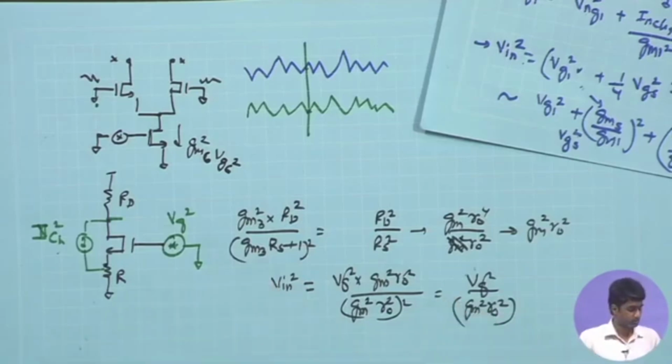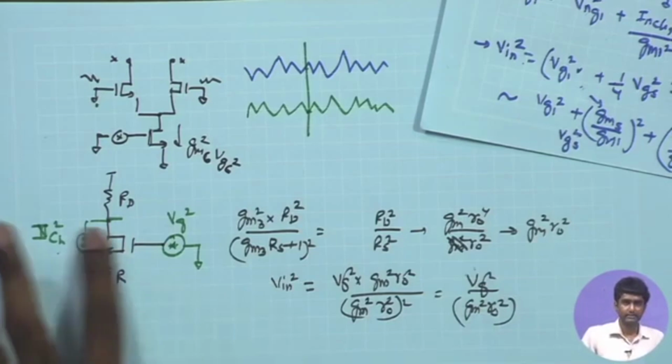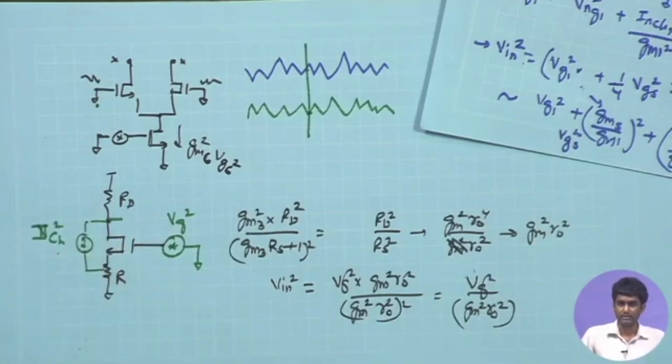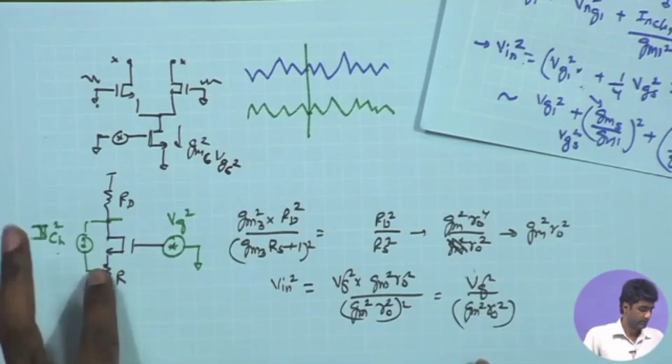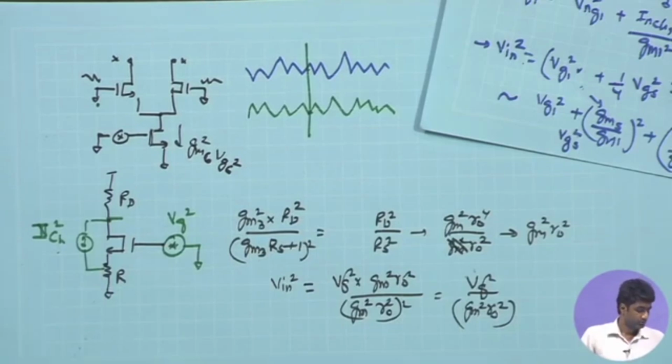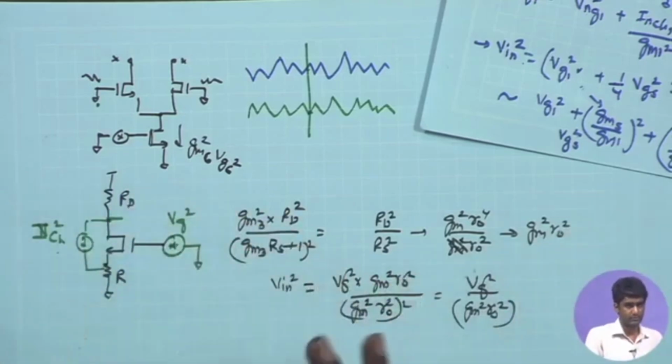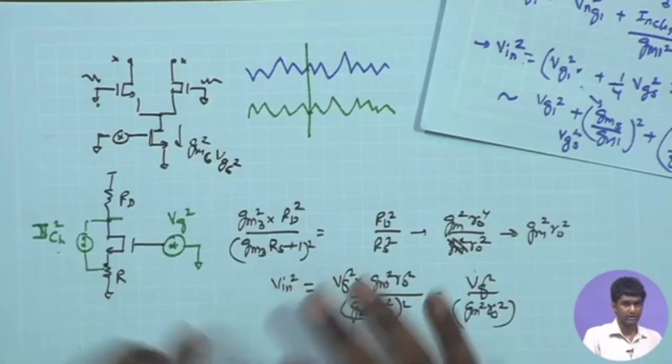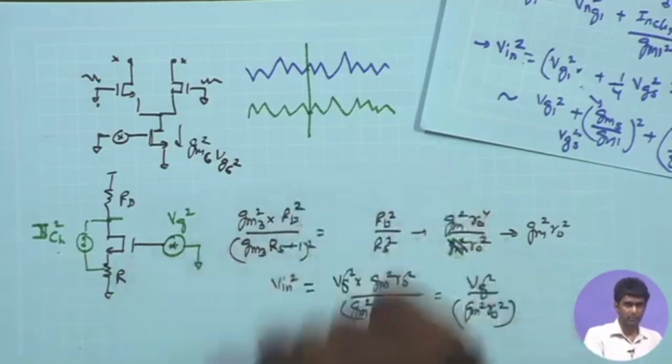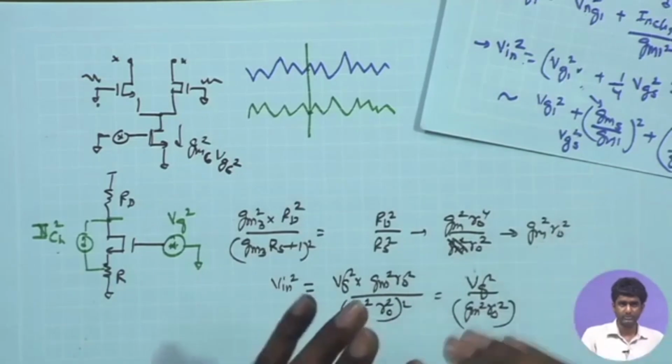This is one effect. Likewise, I can look at the I channel. What is the result of the I channel's contribution? Intuitively we can see what is going to happen if I assume the I channel to be increasing or decreasing in a certain direction. If I assume that the I channel is a random current going up or down, ultimately it is going to subtract from the channel current.